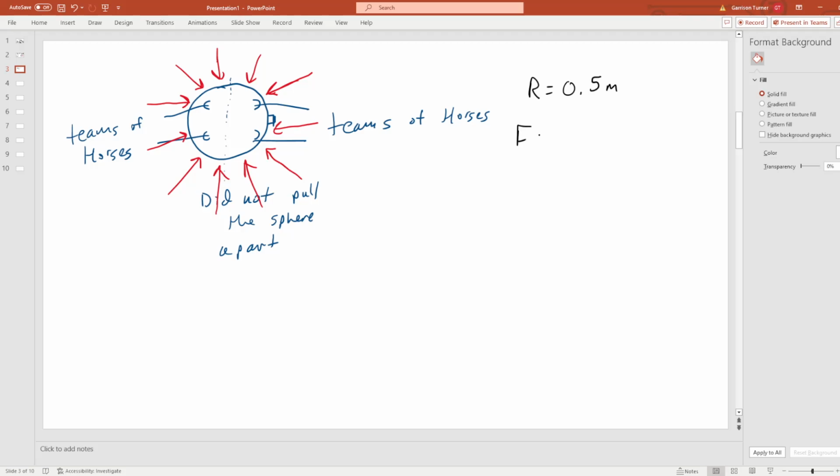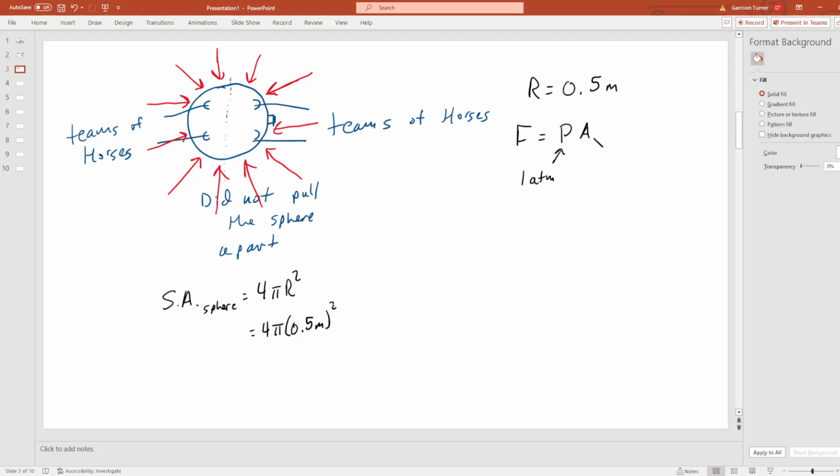So force is equal to pressure times area. And our pressure we're going to take to be 1 atmosphere. And so we need to calculate the area of the sphere. Now, the surface area of a sphere is equal to 4 pi r squared. So this is going to be 4 times pi times 0.5 meters quantity squared.